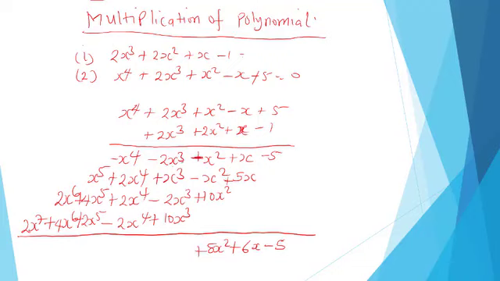Then minus 2x cubed plus x cubed will now give you minus x cubed, minus this will give you minus 3x cubed, plus this will give you plus 7x cubed. Then you come down this way, there's a minus sign here, so minus 3 and this is plus 4, so it's plus x raised to the power 4.